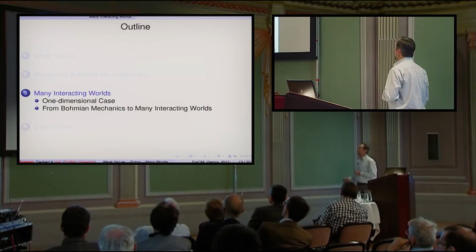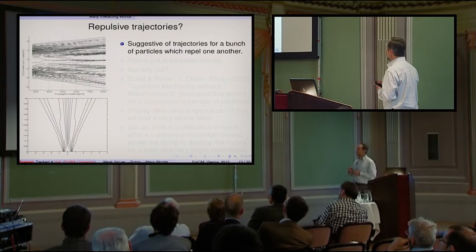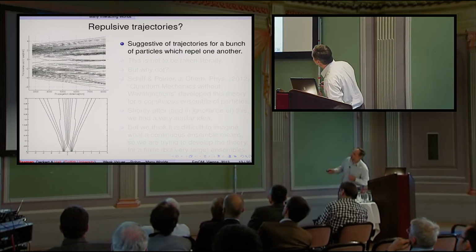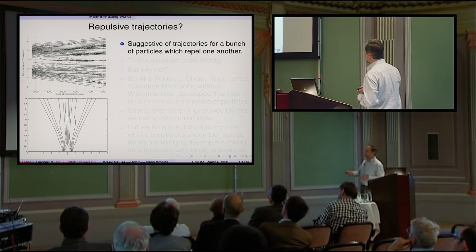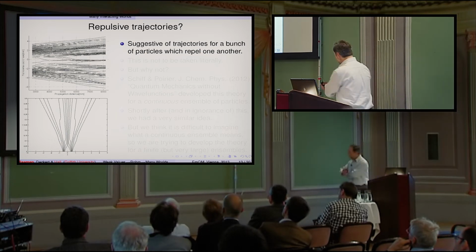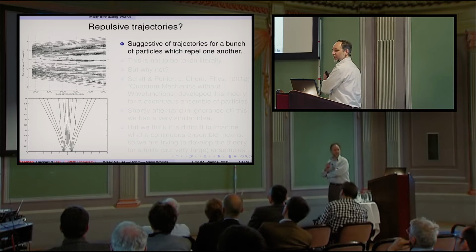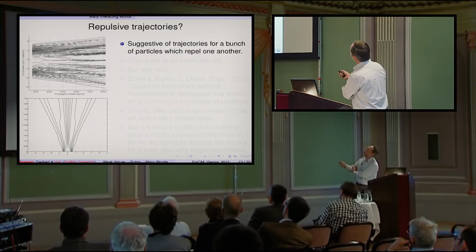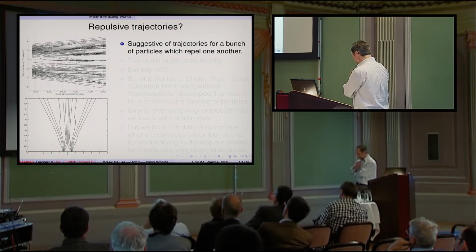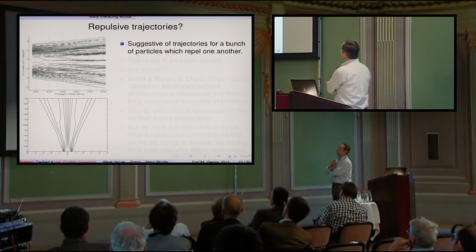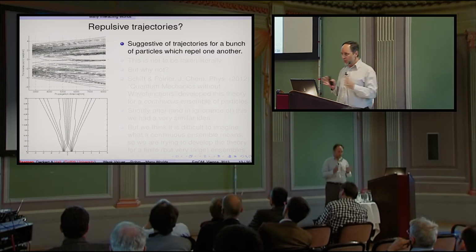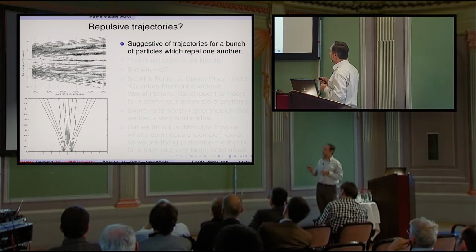Okay, so going on then to the last topic in my talk. Here's a picture again of those trajectories. Here's another one, which is a purely theoretical one. So everyone's seen pictures like this before. If you didn't know anything about quantum physics, you might look at these pictures and think that this is describing a bunch of particles which repel one another, because you can see the trajectories don't cross.